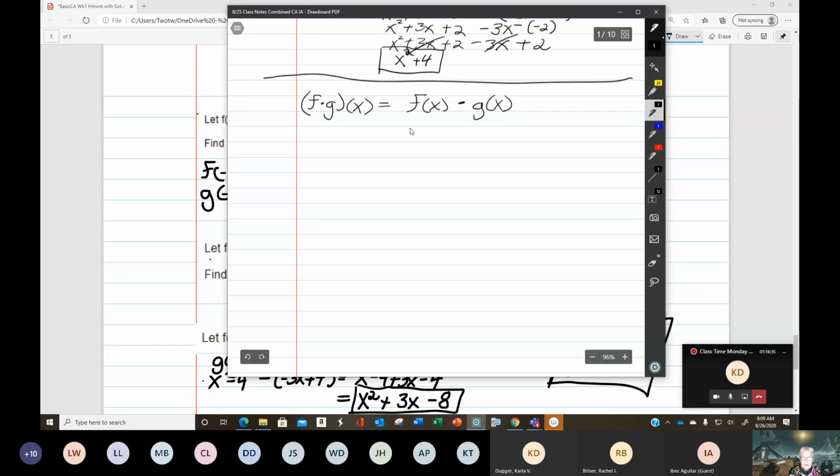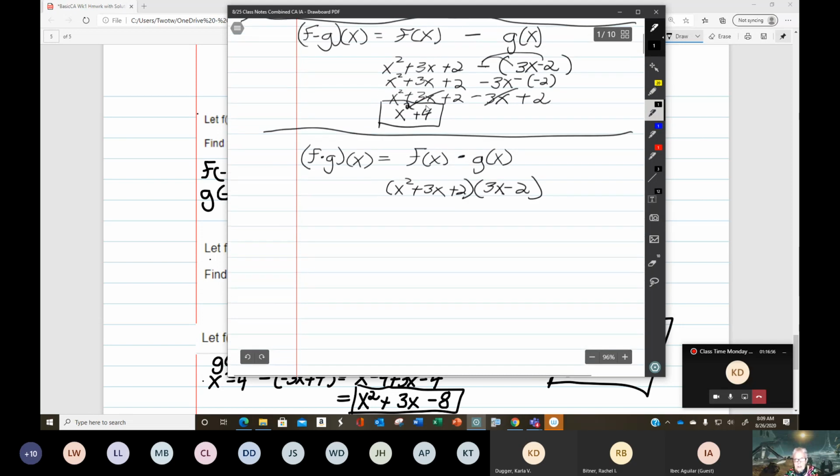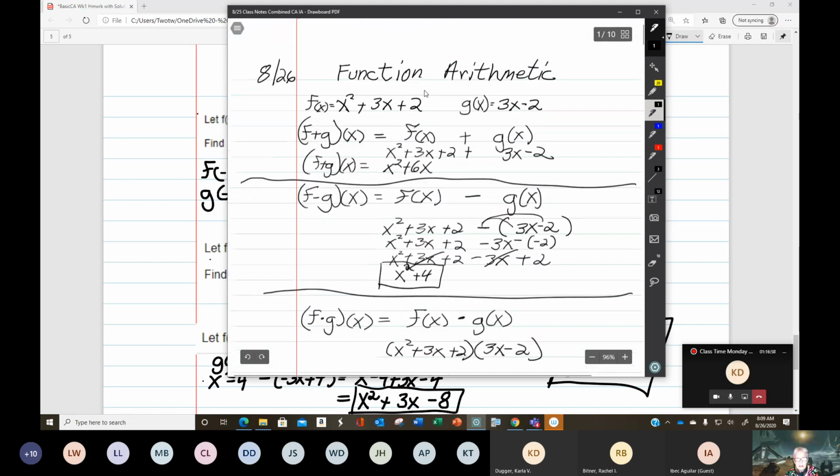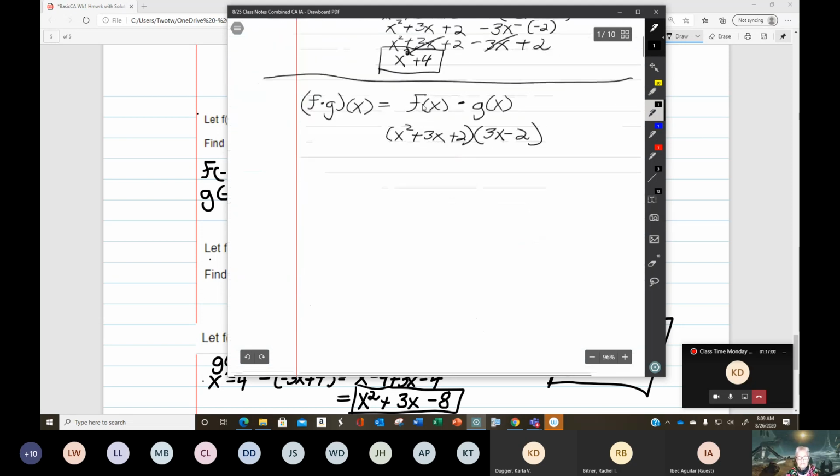And so that will be parentheses x squared plus 3x plus 2, parentheses closed, parentheses opened, 3x minus 2. And I believe I copied all that right. Yes, I did.